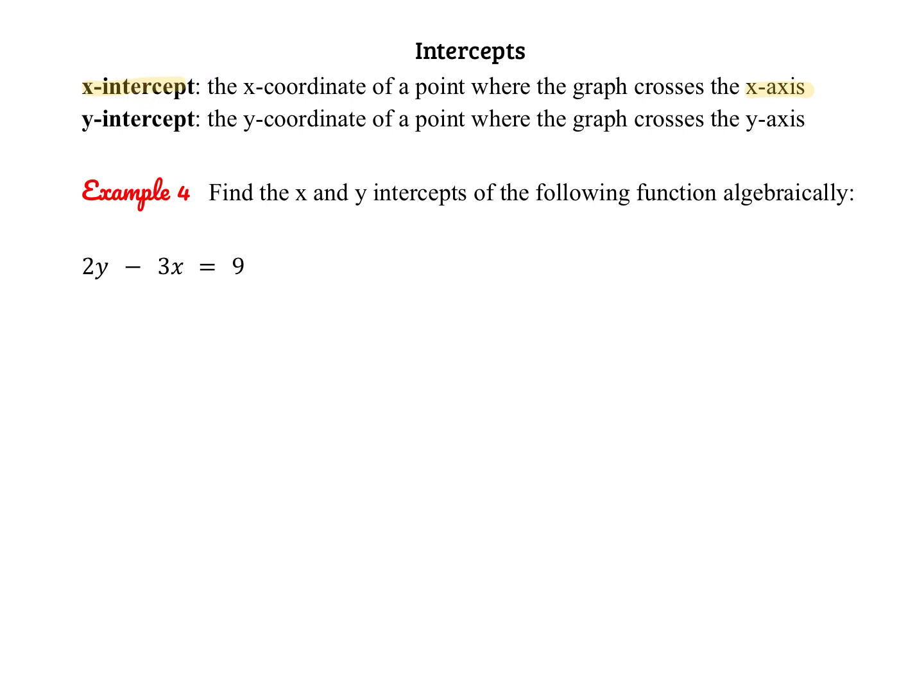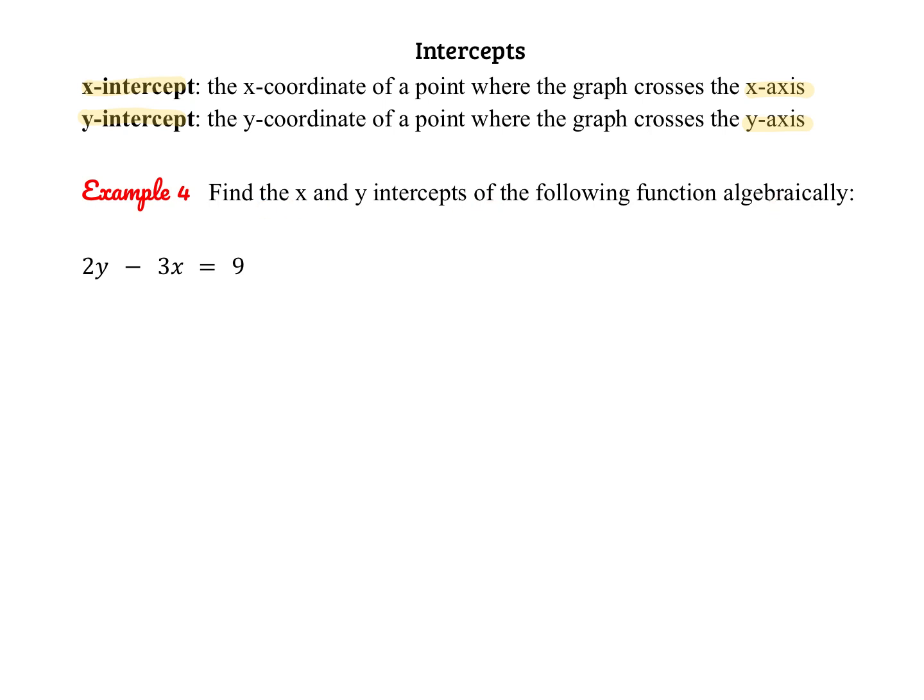And then the y-intercept is simply the y-coordinate of a point where the graph crosses the y-axis. And to maintain the property of functions, they should never have more than one y-intercept, or by definition, they wouldn't be a function anymore. So here we're going to practice finding our x and y intercepts algebraically.